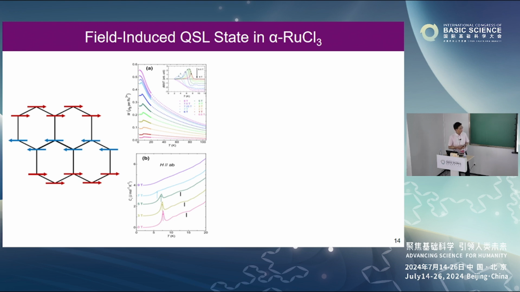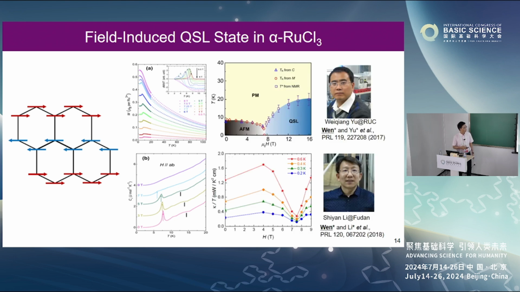To answer this question, we further collaborated with Wei Qiang Yu at the University of China, and also Shiyan Li at Fudan University. Wei Qiang did the low temperature NMR measurements, and Shiyan did low temperature thermal conductivity measurements.